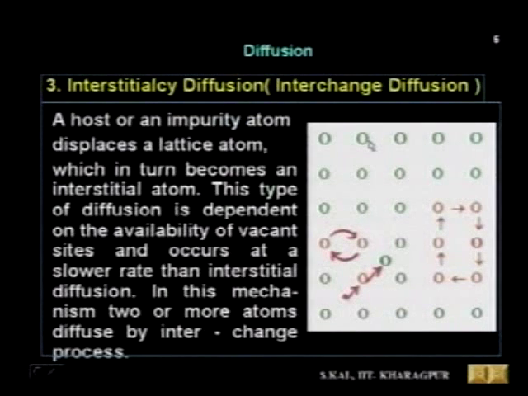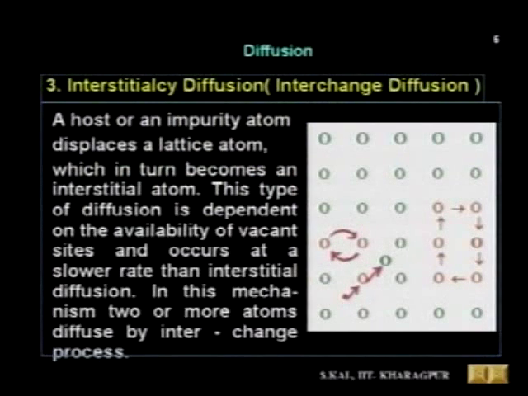Okay, and there is another one which is known as the Crowdian mechanism. Fourth one is the Crowdian mechanism, and that is just some sort of interstitial mechanism.